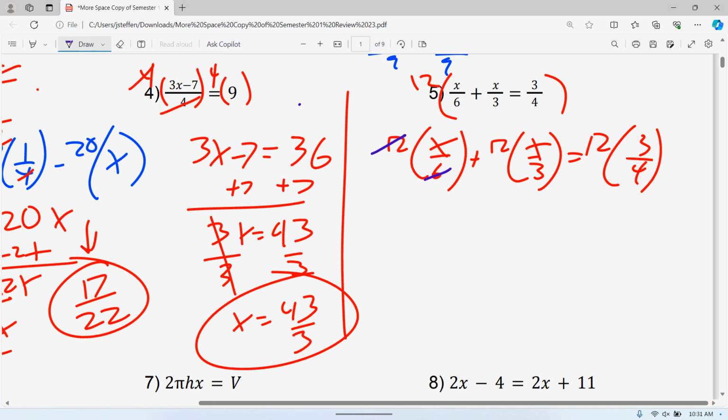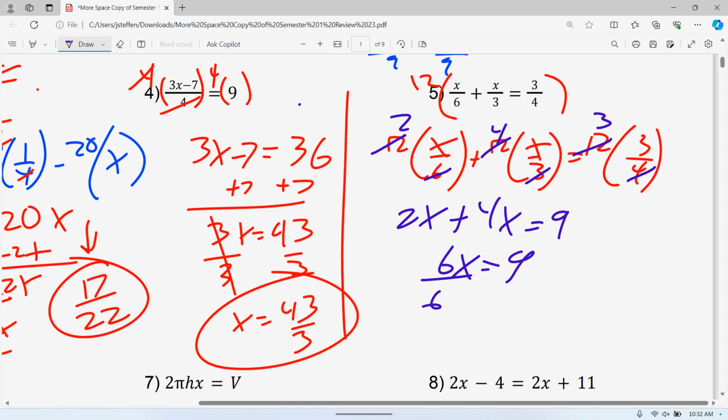So 12 by 6 is 2. 12, I have 4 times x. 3 times 3 is 9. So add those together, we get equal to 9. Divide both sides by 6. I get x is equal to, if you divide both those by 3 to reduce, you end up with 3 over 2.